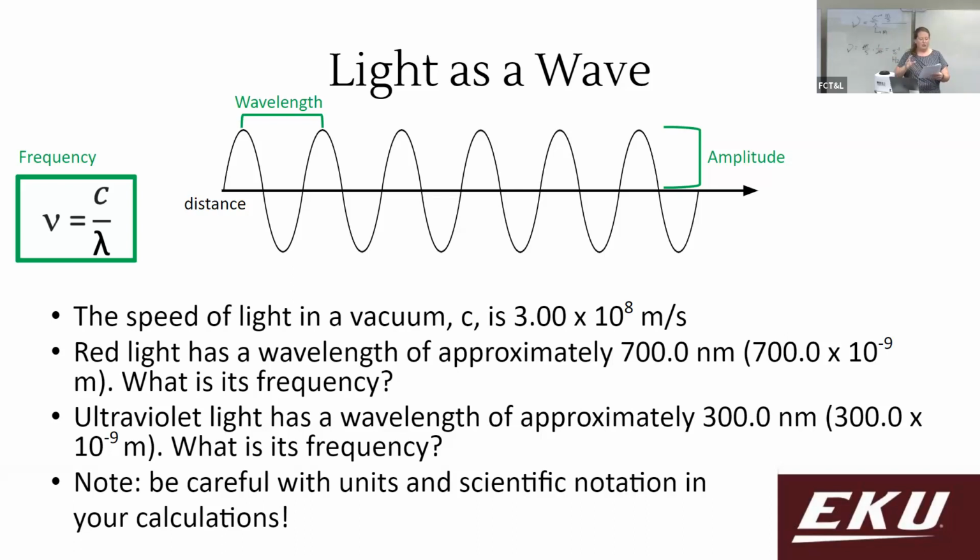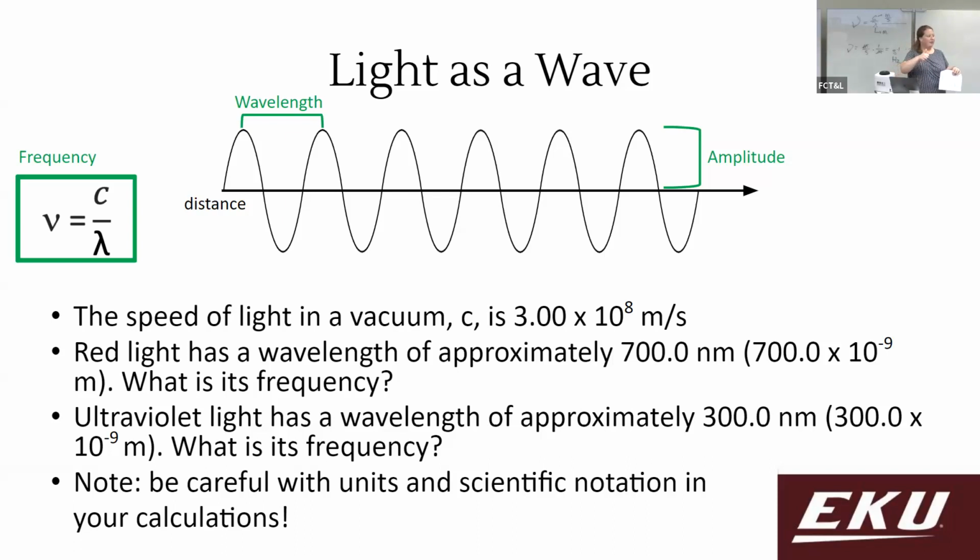And then they can use that correlation between red light and UV light, which I already gave you the frequencies for there at the end of the question, to then answer 7 and 8. Those say, okay, if I've given you 2 different wavelengths, one bigger than the other, red light at 700 nanometers, ultraviolet at 300 nanometers, what is the relationship between energy and frequency and energy and wavelength?